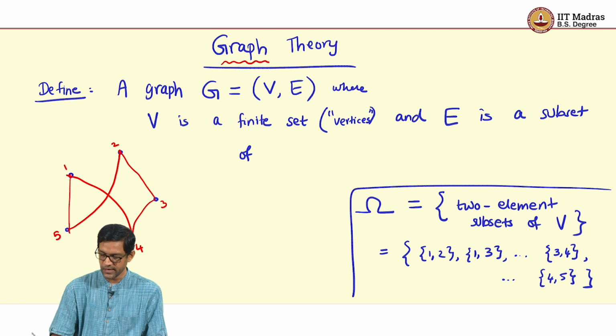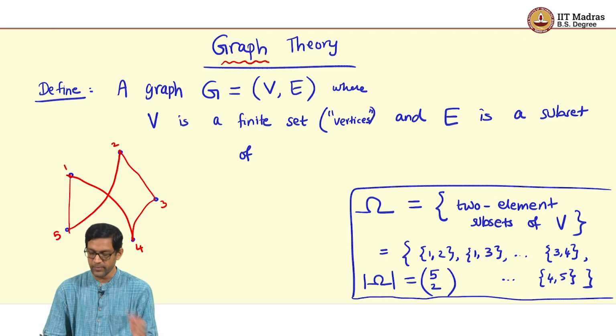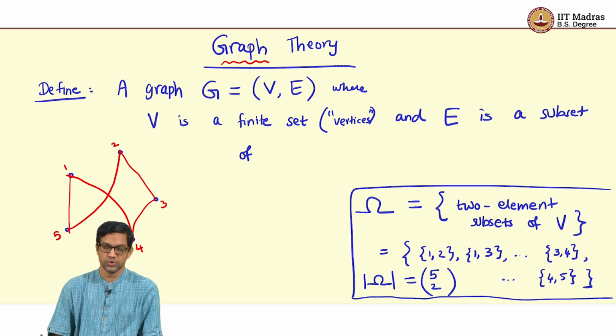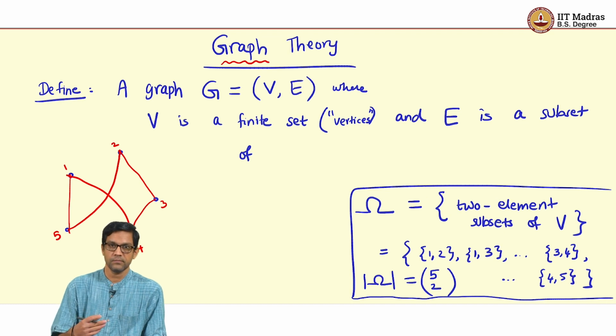So, this is the entire collection of elements in omega, and observe omega is, how big is omega? Well, from the 5 points I need to choose 2 points in all possible ways. So, the cardinality of this set omega is going to be 5 choose 2. Okay. So, there are those many possible lines that I can imagine drawing between these pairs of points, but I do not want all those lines.